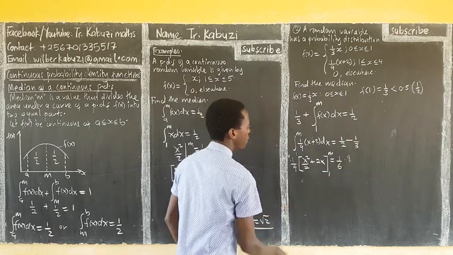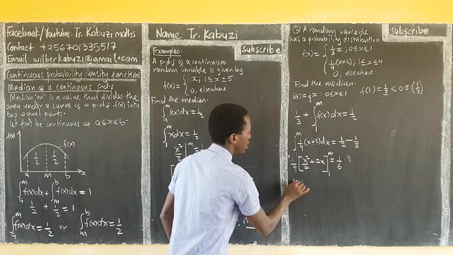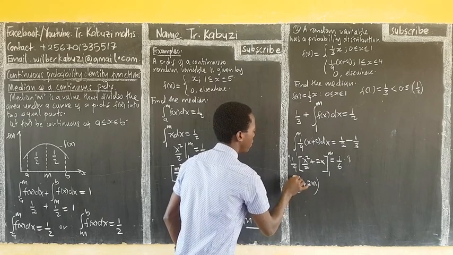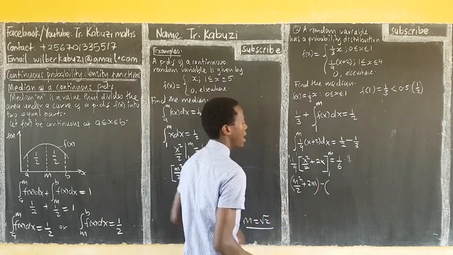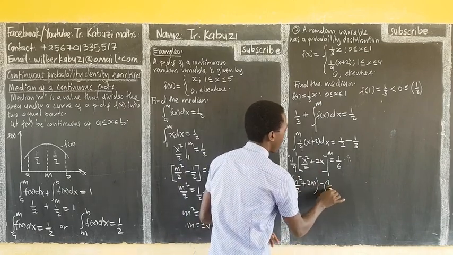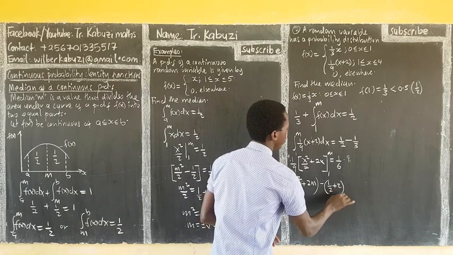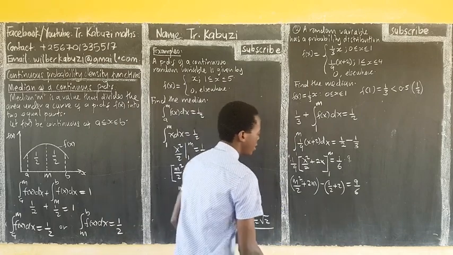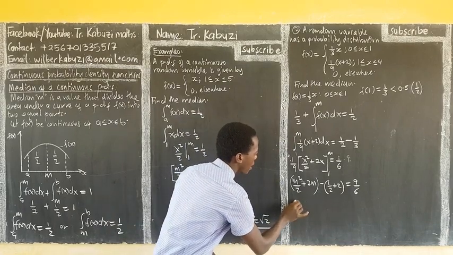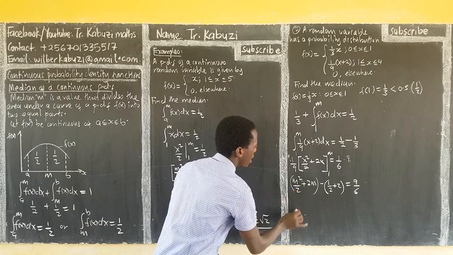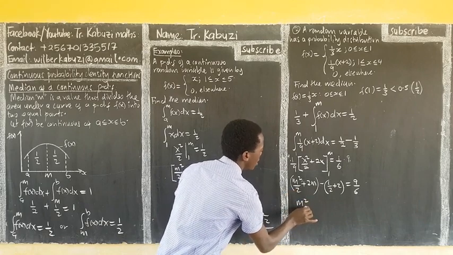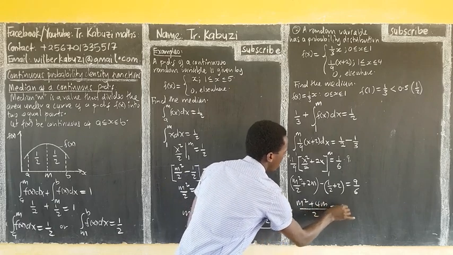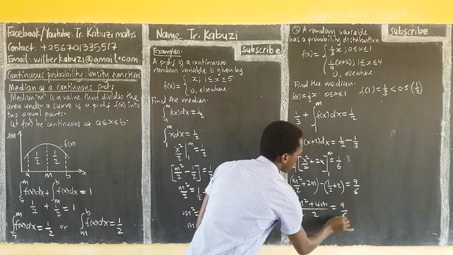So that we shall have, putting in the upper limit, n squared over 2 plus 2n, all of this. Now we are subtracting, then we put in the lower limit, it will be a half plus 2, equaling to 9 over 6. So here, allow me to cross multiply. I have n squared plus 4n, the whole over 2, equaling to 9 over 6.